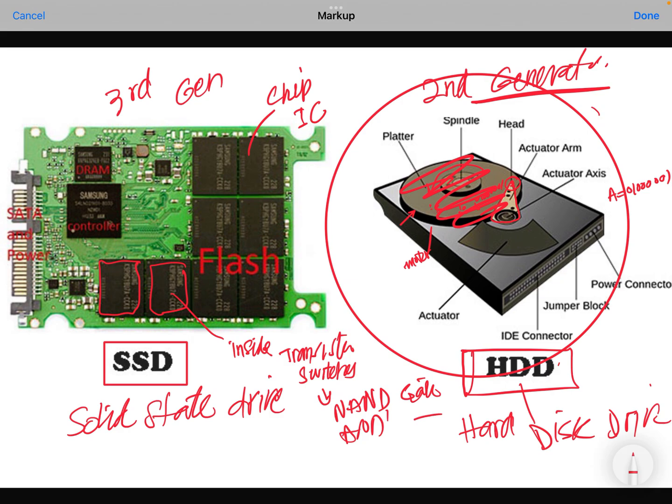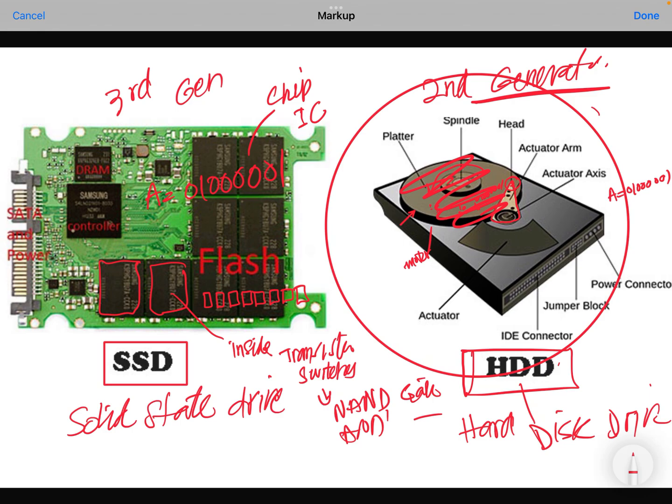So now, if you want to save A, again A is 0 1 0 0 0 0 0 1. So you have, for example, these eight switches.